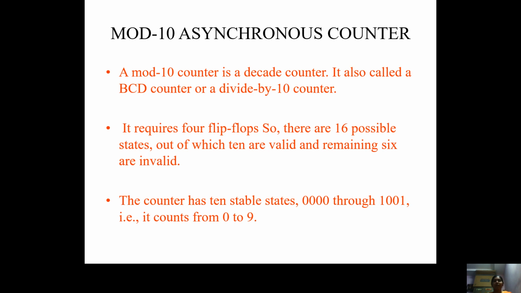The feedback is provided the same as in the case of the mod 6 counter. It requires 4 flip-flops. There are 16 possible states, out of which only 10 are valid and the remaining 6 are invalid.